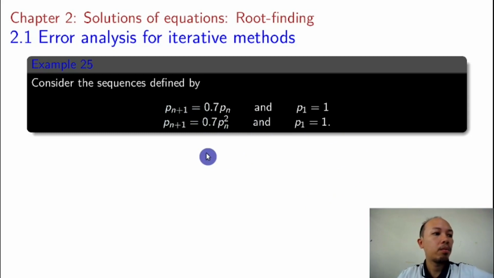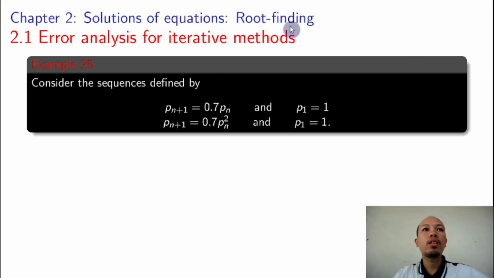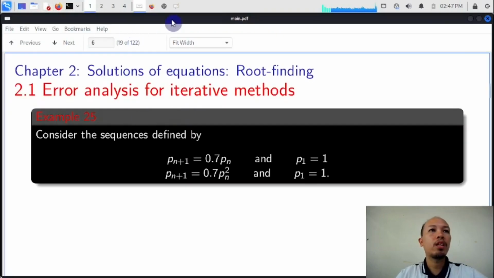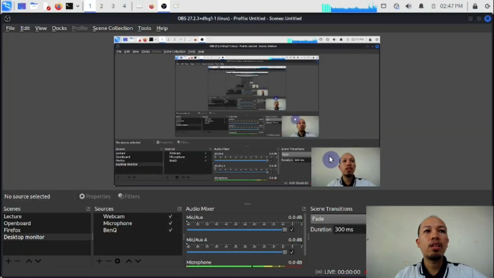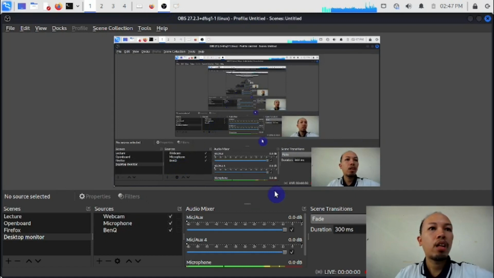Okay, so before I forget, I think I have to show you. Let's escape this one first, and let's go to, I think, F3.